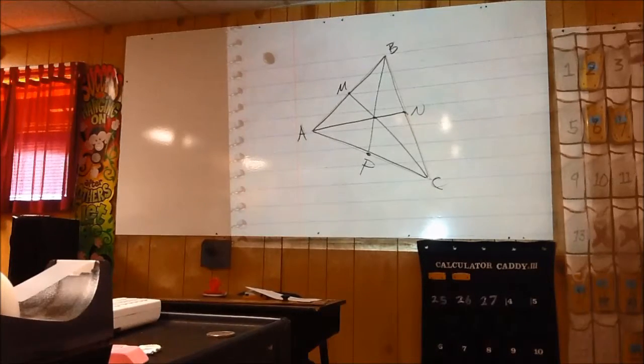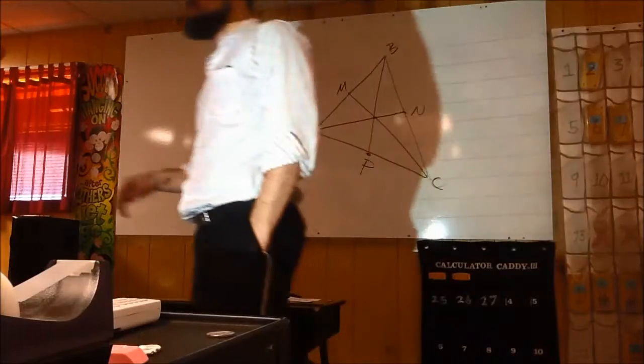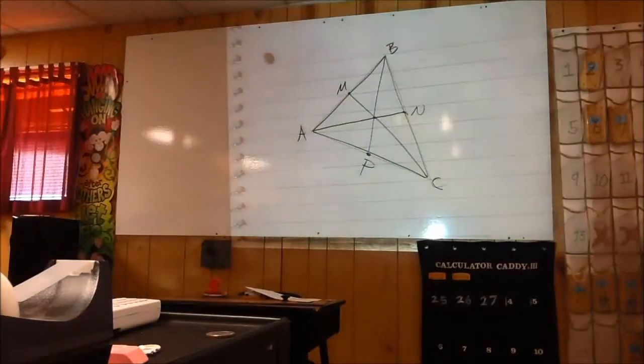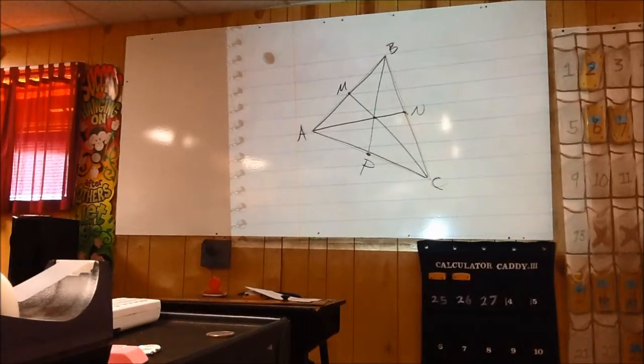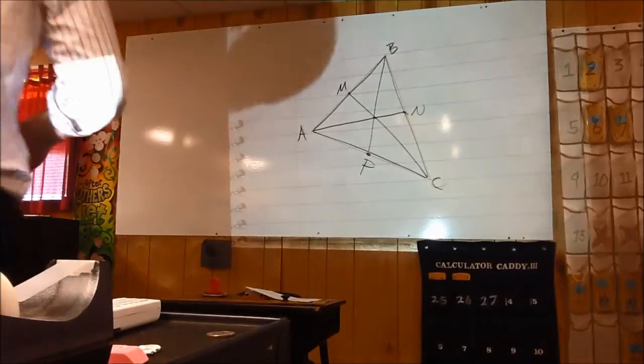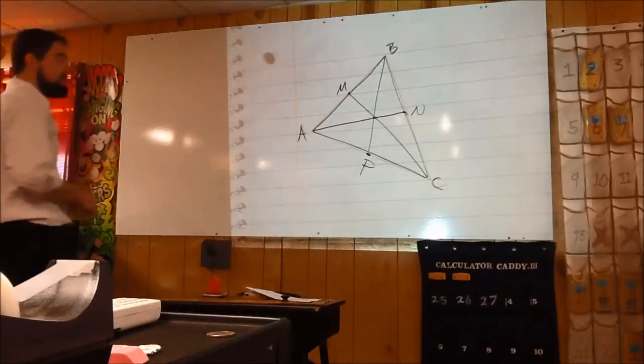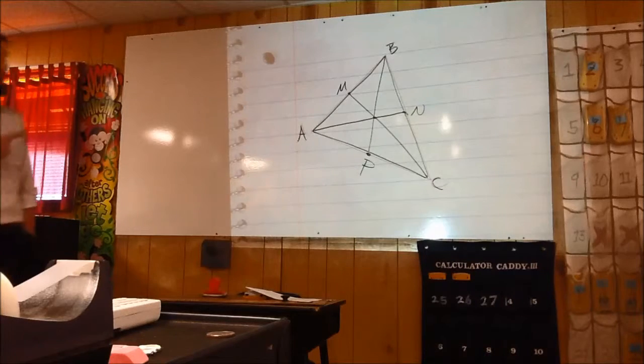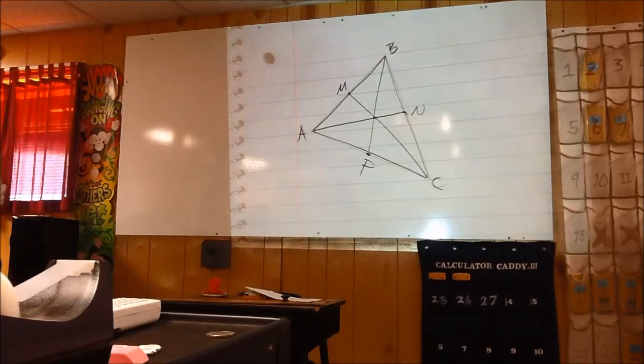So I want you to go ahead and label some sets of congruent segments and be able to justify. I see some of you have your mid-segments drawn in. I did not ask you to draw your mid-segments in there. You should only have medians. Your diagram should look extremely similar to mine.